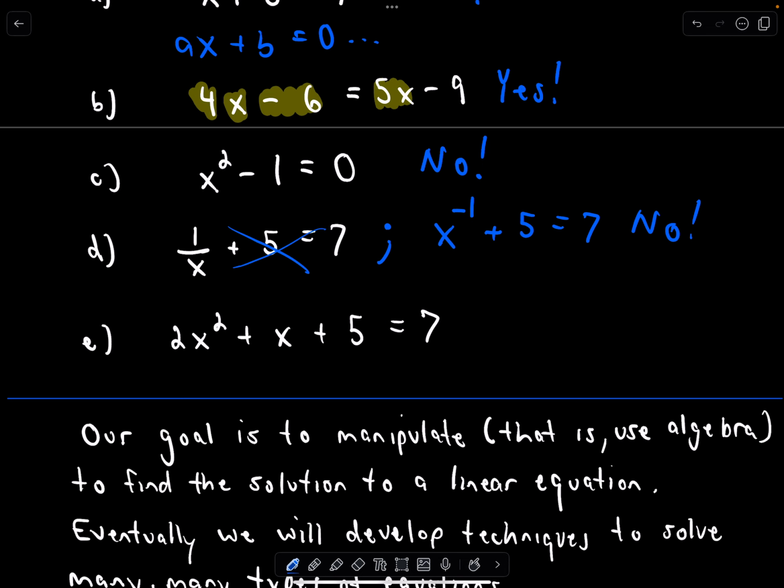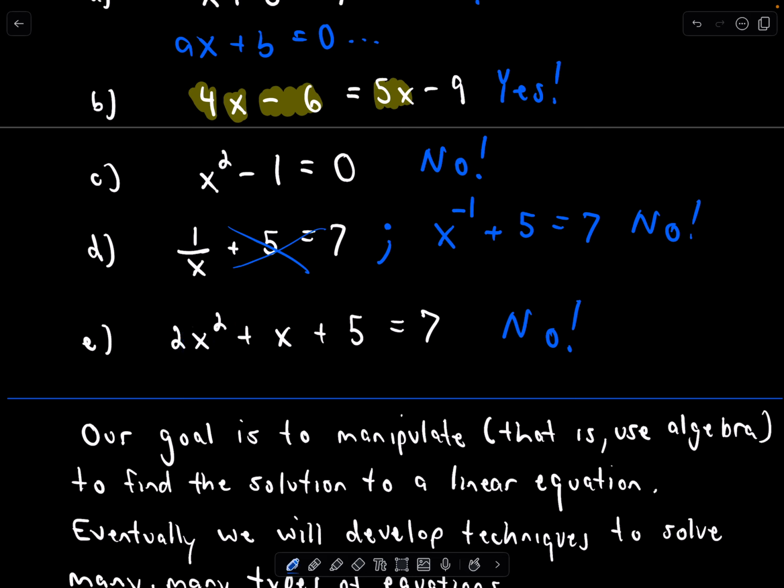And likewise, in part E, I have this x squared floating around. That's enough to say, nope, that's not going to be linear. If that term wasn't there, then we would just have our x plus 5 equals 7, and then it would be linear, but it's one we've already seen. Again, I'm just trying to make a few different examples.